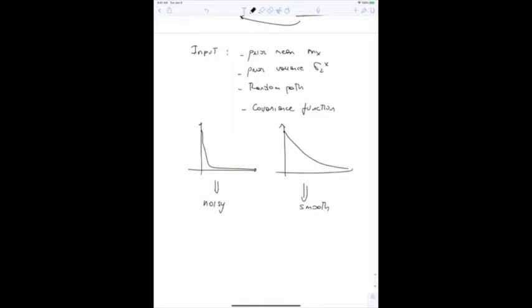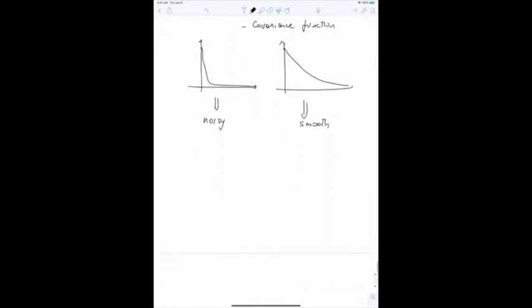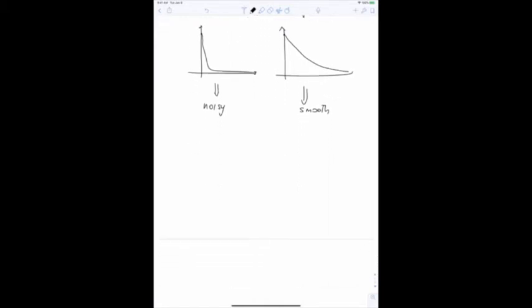Now, you can also apply sequential Gaussian simulation with collocated co-Kriging. So now let's say that you have a secondary variable. These are generally called sequential Gaussian co-simulation, or sequential Gaussian simulation with collocated co-Kriging.